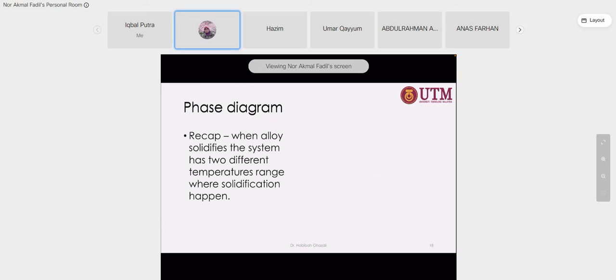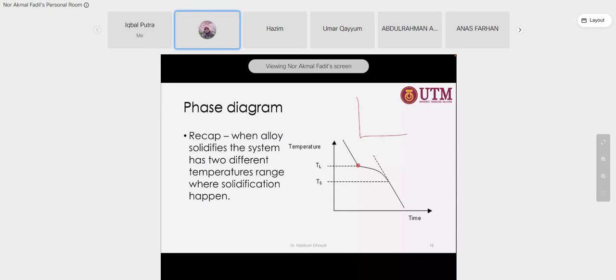So when an alloy solidifies, the system has two different temperature limits where solidification happens. Last time we talked about the pure metal, in topic 3.